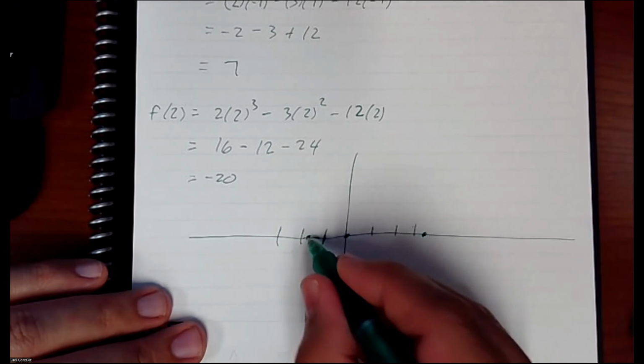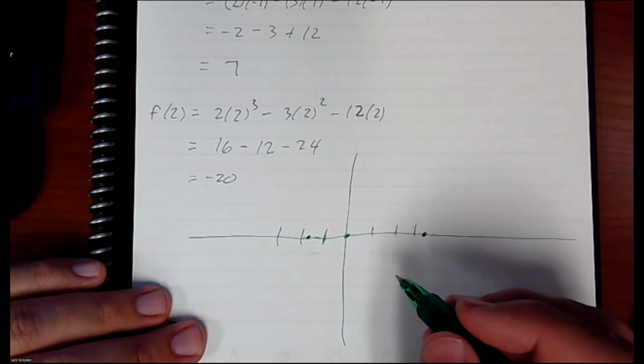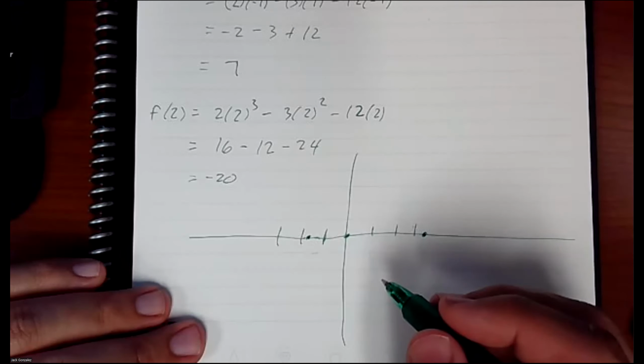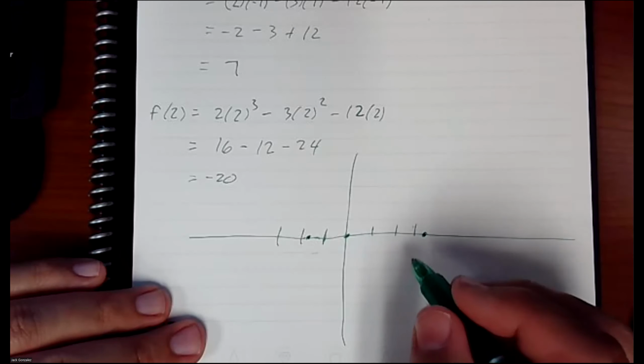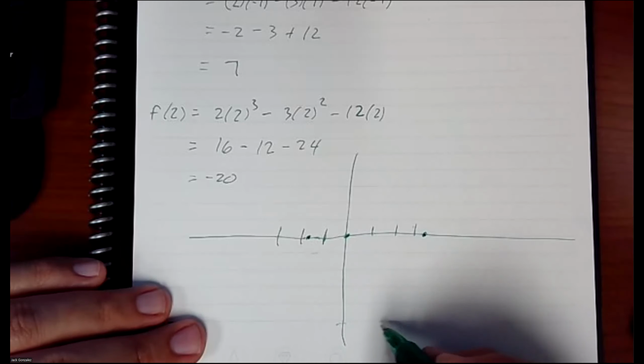So here are the intercepts. And we know we have a maximum at 2, -20. So down here at -20.